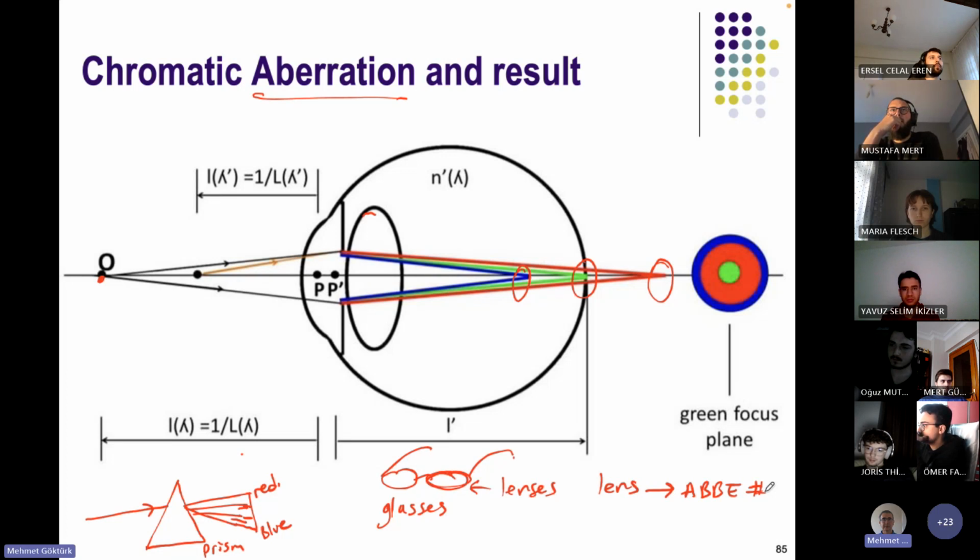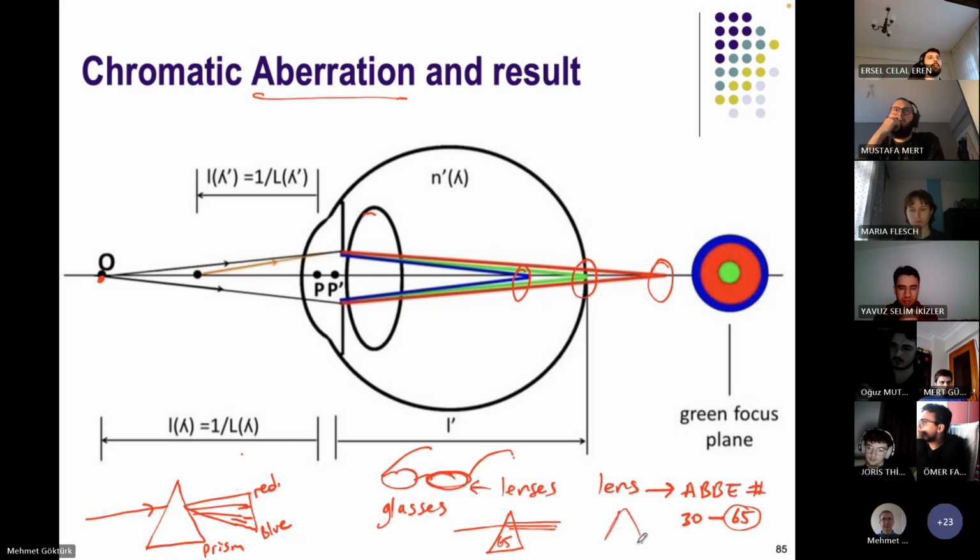These Abbe numbers can range from 30 to, as far as I know, 65. Okay, so 65 is very good. That means not much dispersion.